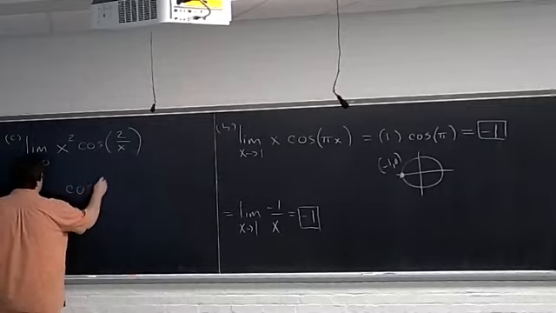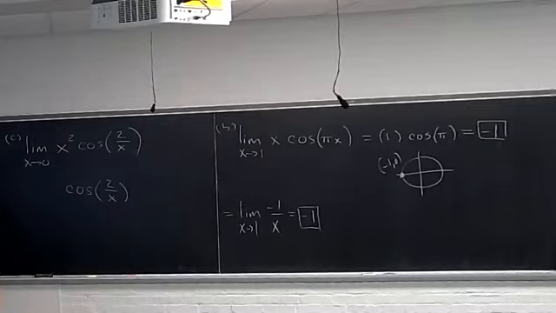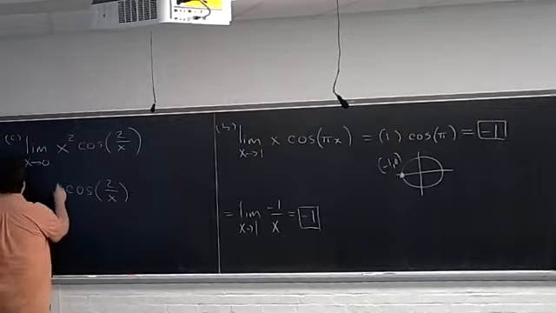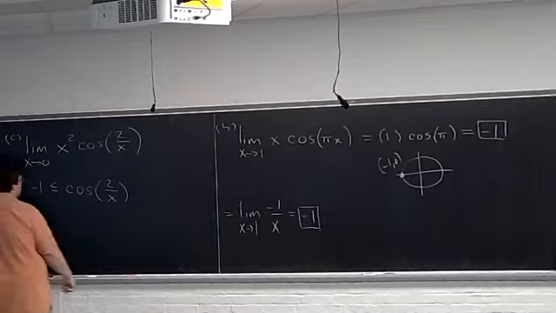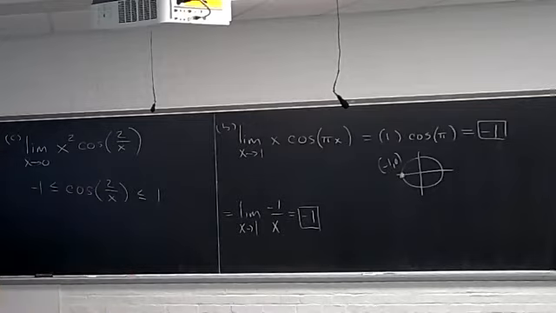Because for the squeeze theorem to work, we need our function to be bounded above and below by 2 functions which have the same limit. And we may be able to get there by first observing that cosine of 2 over x is always between 1 and negative 1, wherever 2 over x is defined, which is everywhere but 0.